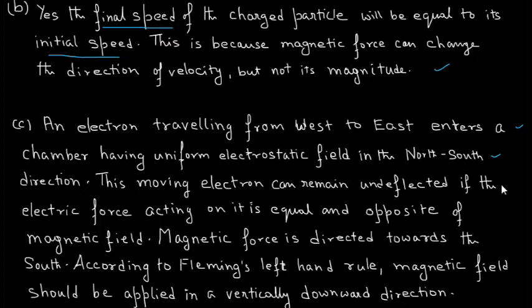The moving electron can remain undeflected if the electric force acting on it is equal and opposite to that of the magnetic force. Magnetic force is directed towards the south. According to Fleming's left-hand rule, the magnetic field should be applied in a vertically downward direction.